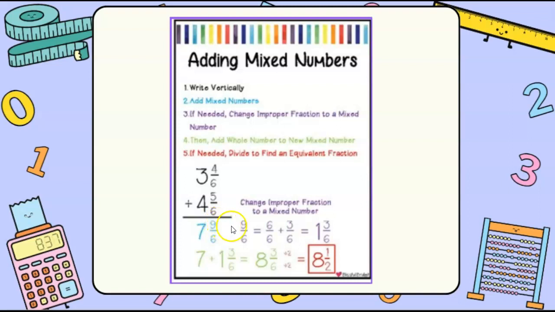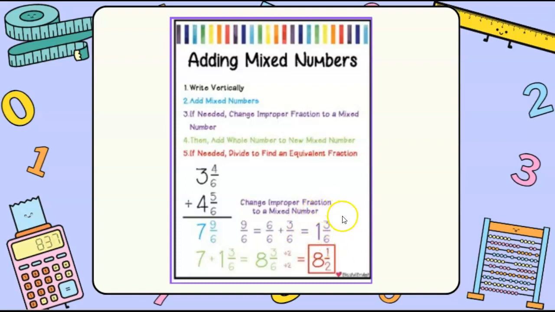So I'm going to pull 6 out of 9/6, okay? I know that that's going to leave me with 3 left over. So 1 and 3/6 is the mixed number that represents 9/6.